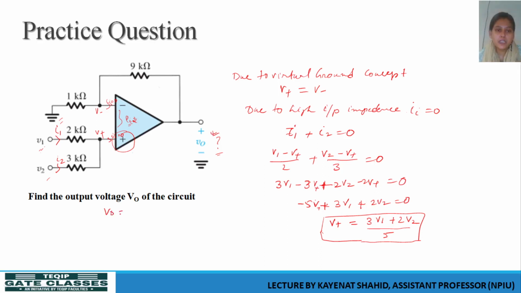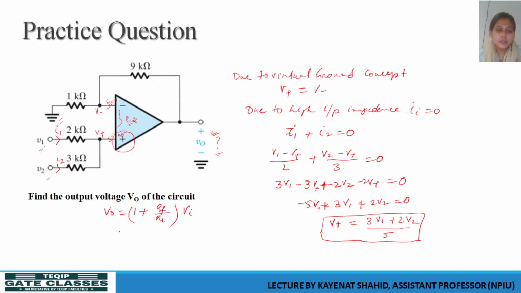For the non-inverting amplifier, with the inverting terminal grounded and V plus equal to V minus, the gain is 1 plus RF by R1, into VI.